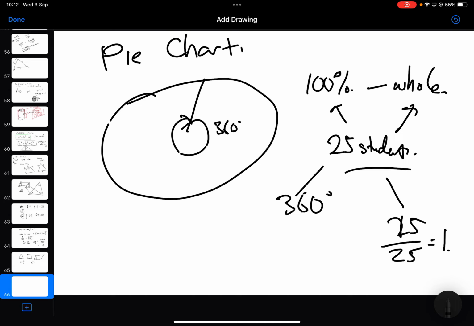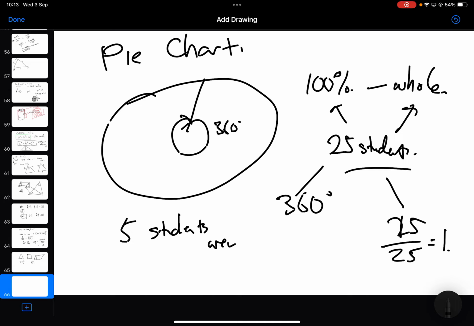Just that we are using different numbers, different forms to represent them. It can be written as 100%, and in the pie chart, it can be written as 360 degrees. Okay? So if I have 25 students, and let's say 5 students wear spectacles.